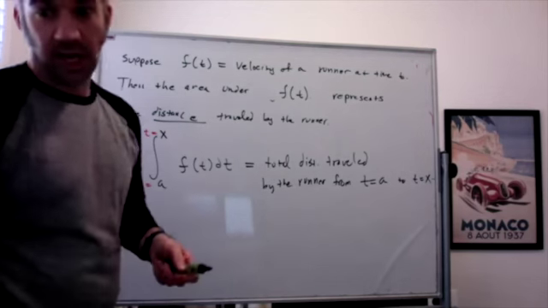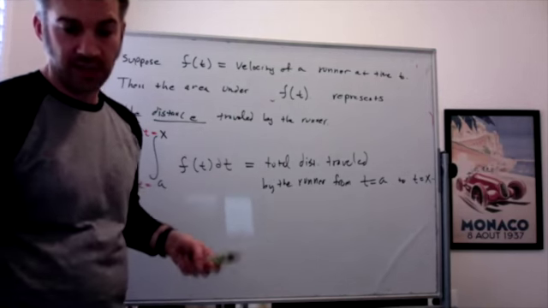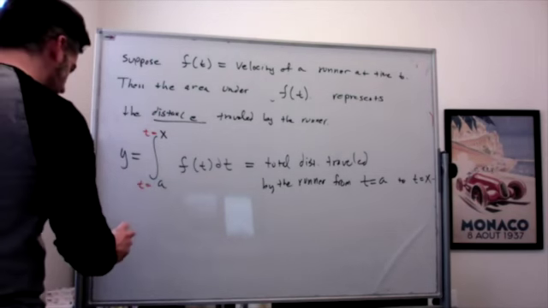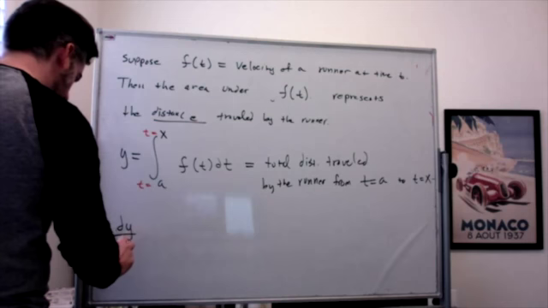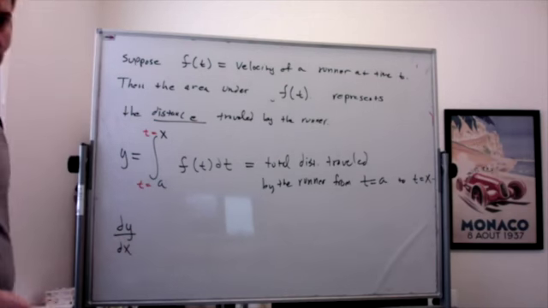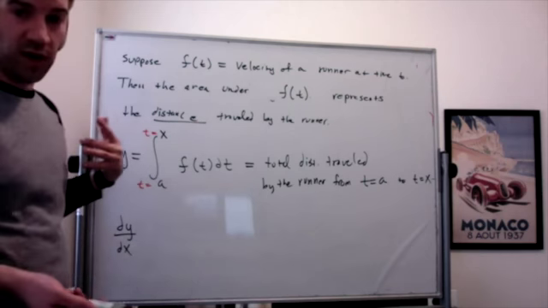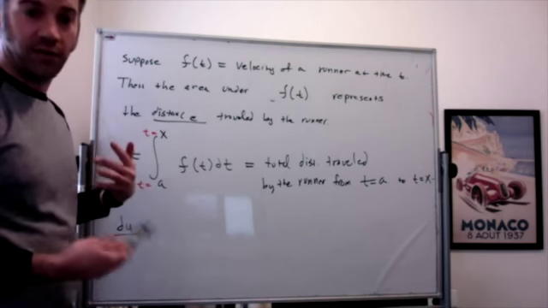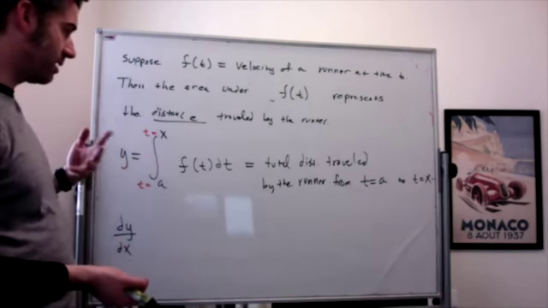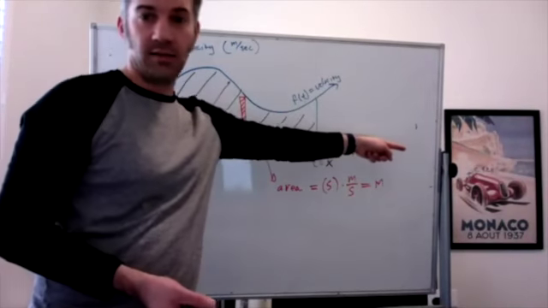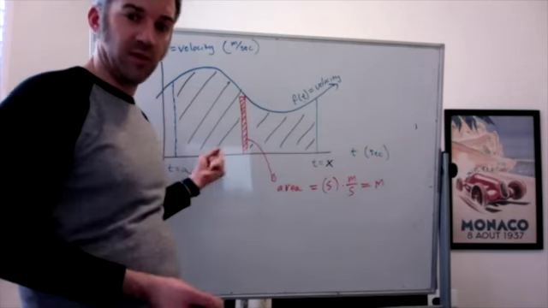Okay, here's kind of the big deal. This next part is super important. I want to find the derivative, dy dx. Well, here's what we know. y is the distance traveled as a function of x, right? y depends on x. If x is further to the right, then we get more distance. If x is further to the left, we get less distance.